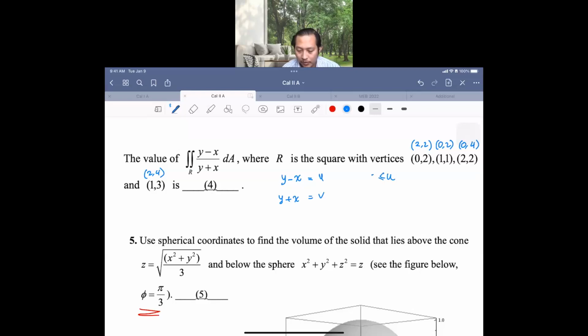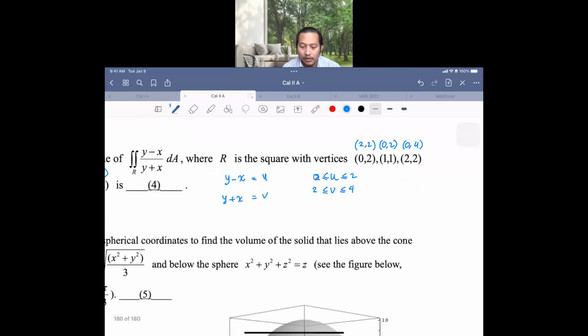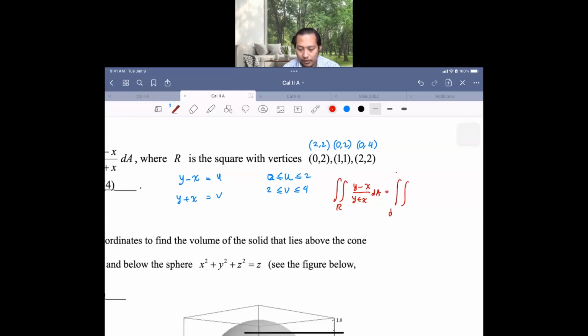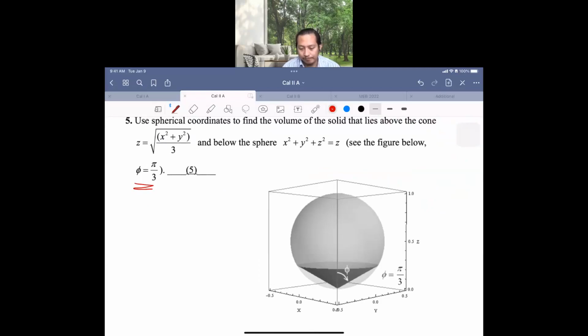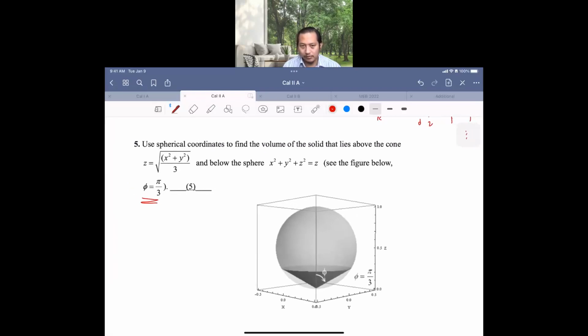So u is from 0 to 2, and v is from 2 to 4. Since it's a square, we can set up the integral over 0 to 2 and 2 to 4, with the Jacobian, du dv, and you can solve it. For this one, it's a little bit complicated.